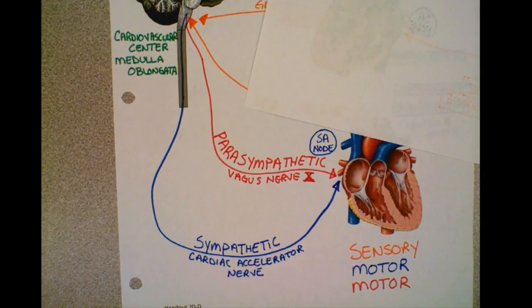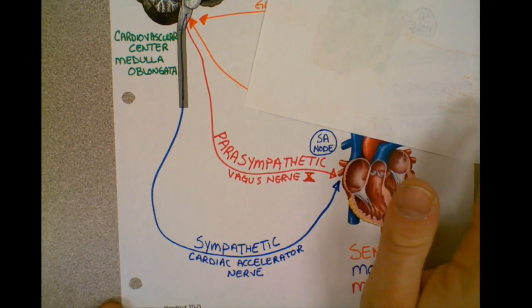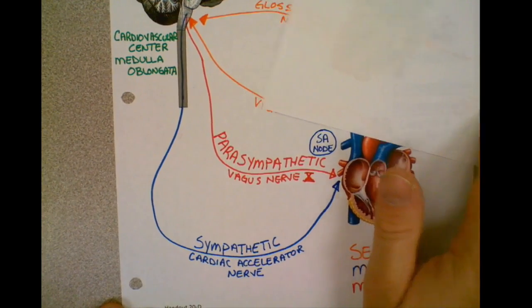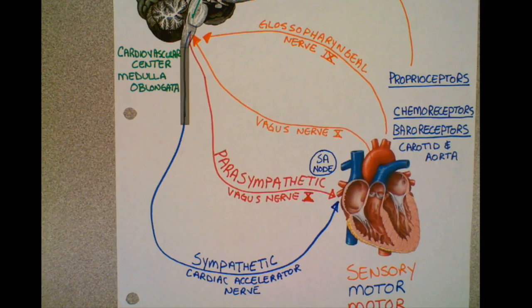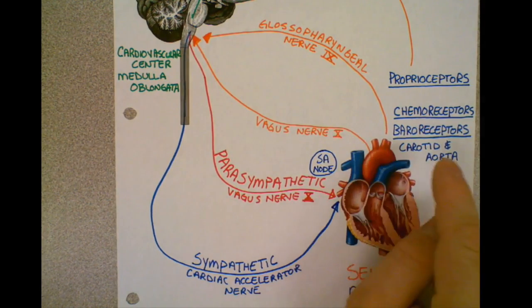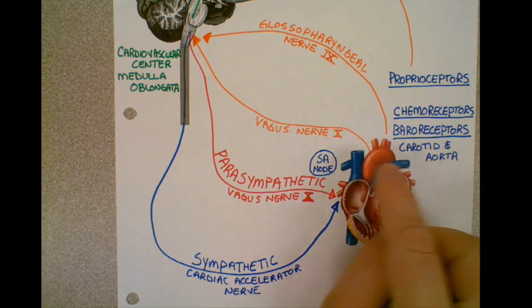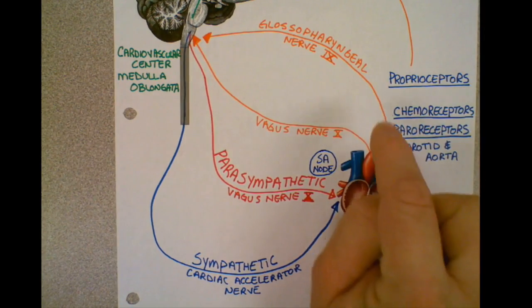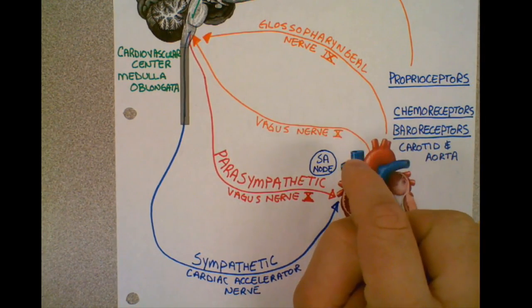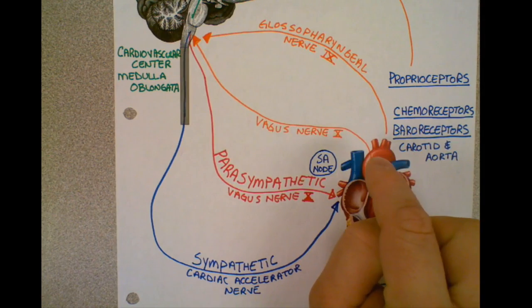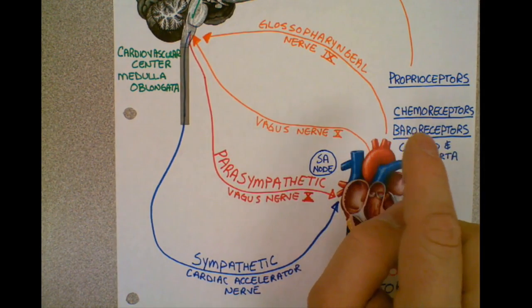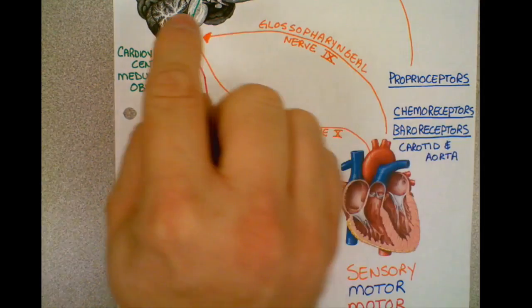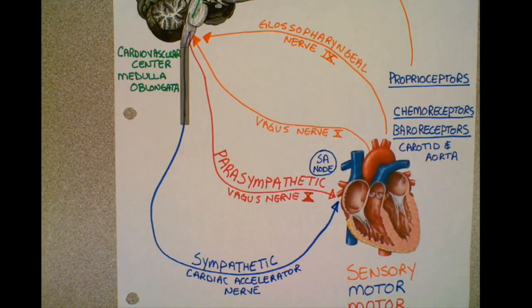All right? Now, how does the heart know to do this? Or how does the medulla oblongata know to do this for the heart? That's because the heart is pumping blood through our carotid arteries and our aorta, and these blood vessels have receptors that are determining what our blood pressure is, what our chemical levels are, and they are sending signals up to the medulla oblongata.